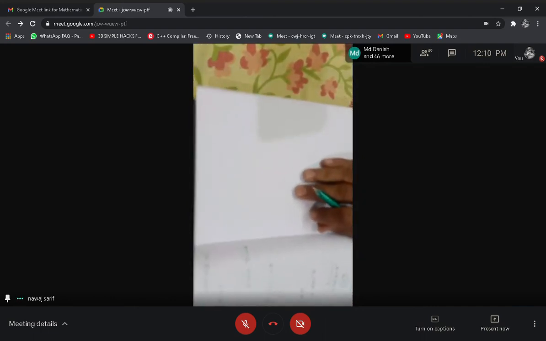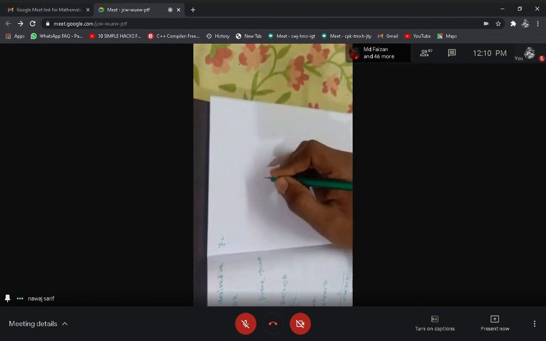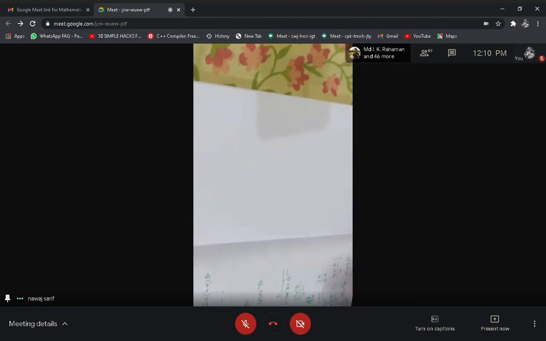Next, find y2. What will be y2? Your y1 is minus 1 by a cube sine square theta into sine 2 theta.